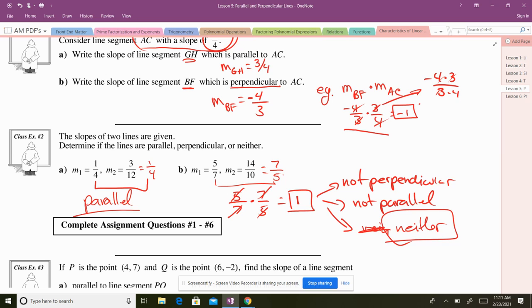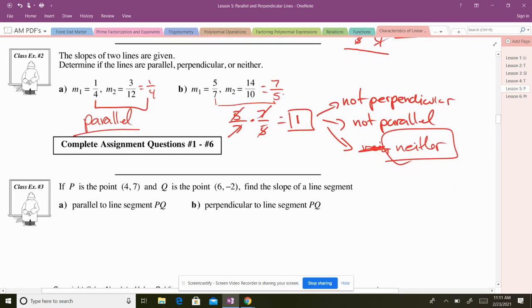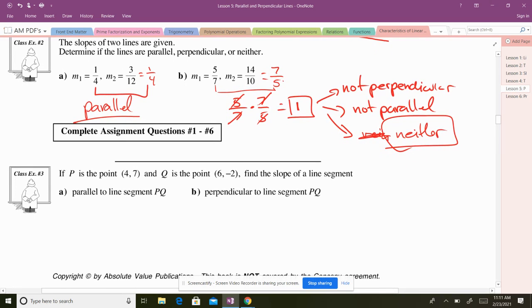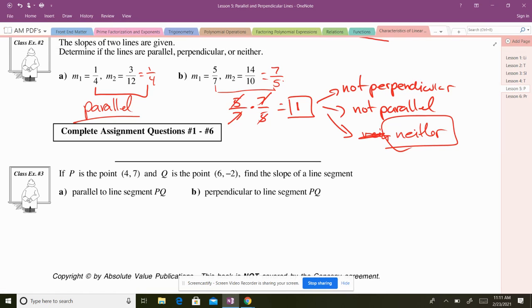Can I scroll down a bit? Okay. This is a good question as well. So point P has the coordinates 4 and 7. Q has the coordinates 6 and -2.